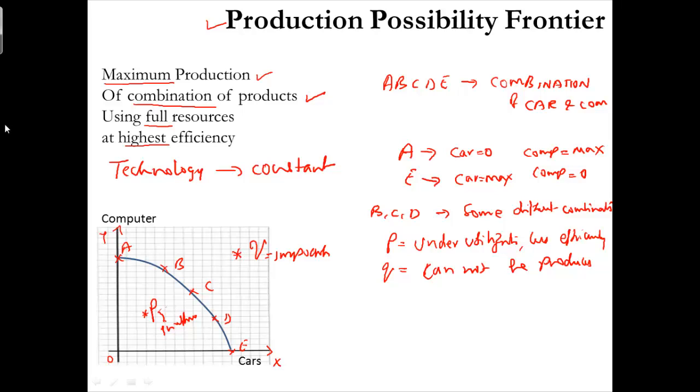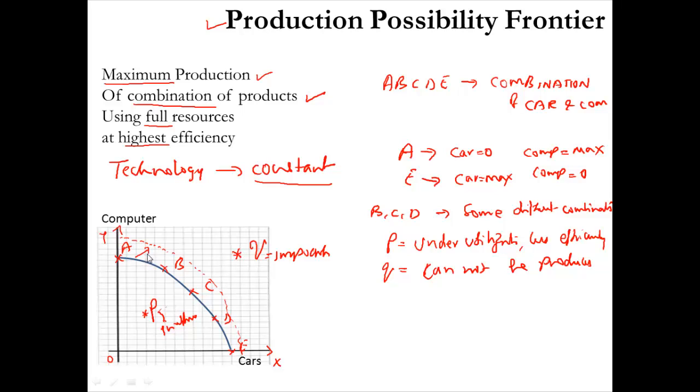Now, if you relax for a moment that constancy of technology, let us say technology changes in a core way, the productivity of the people and the resources increases, then there will be a rightward shift in the production possibility curve.